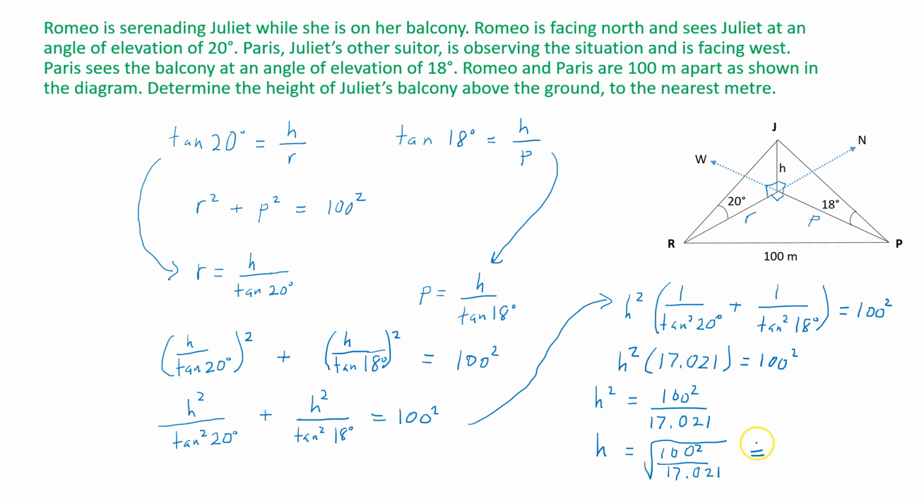And that's going to give me approximately, rounded to the nearest meter, 24 meters. Okay? So what we can conclude is that the height of the balcony above the ground is 24 meters.